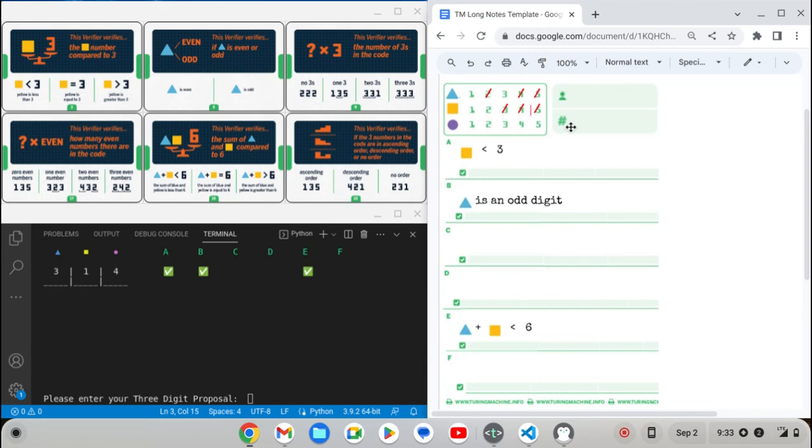So let's see. It would almost seem like if triangle were 3, besides 3, 2, 1, they all seem to have no order. So it could be that they're going to be no order, but the number of 3s and the number of evens are going to basically figure in on our decision.